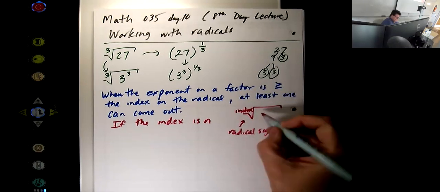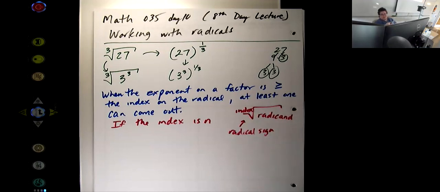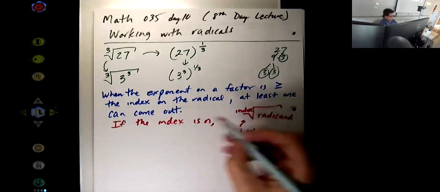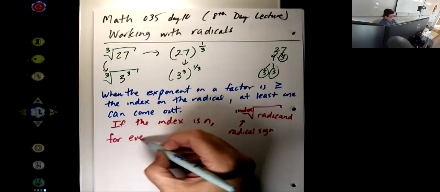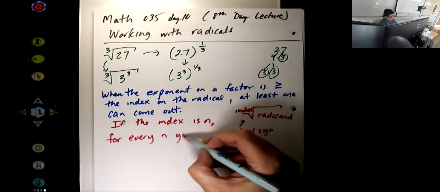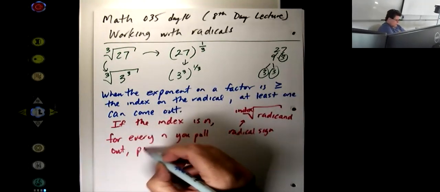And the name for the interior is called the radicand. So if the index is n, for every n you pull out, put 1 on the outside.